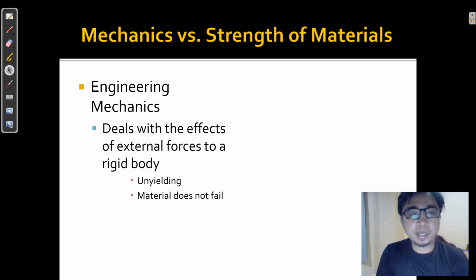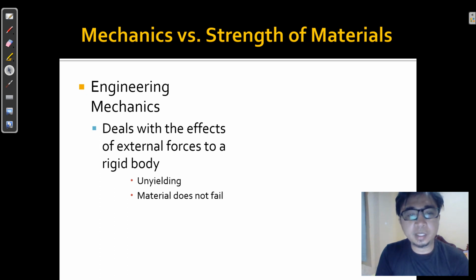In your engineering mechanics, you have dealt with the effects of external forces to a rigid body. Let me emphasize that the rigid body here is unyielding and the material does not fail. The materials are assumed to be ideal, so not subject to deformation or any yielding.